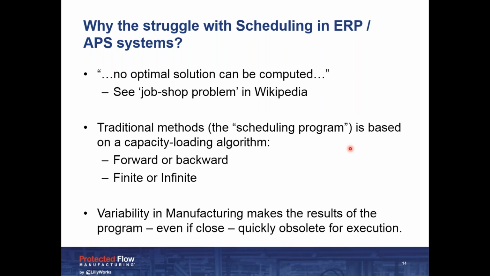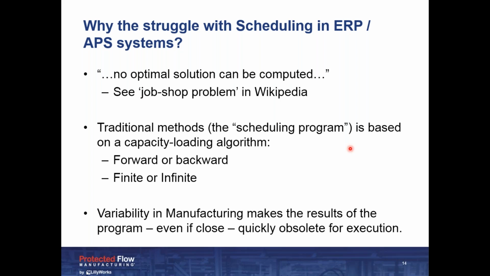The tools you have in your ERP, if you have an ERP, you've likely got some sort of scheduling program in there. Maybe you have a bolt-on advanced planning and scheduling, or APS, system to an ERP. The thing with any computer program, and you can actually look this up on Wikipedia, is the job shop scheduling problem.